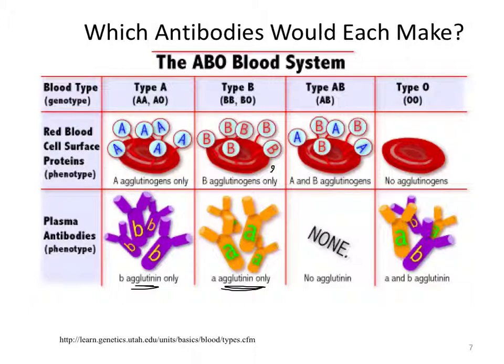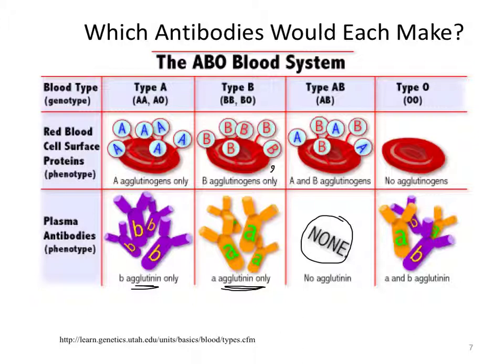If you are type AB, then you're the codominant. You're showing that particular phenomenon. So you're making both A and B type antigens. So that means that you cannot make anti-A or anti-B antibodies. So you make no antibodies in this regard. You of course make other kinds of antibodies in your system, but not antibodies against A or B antigens, because then you would have clumping in your own blood supply.